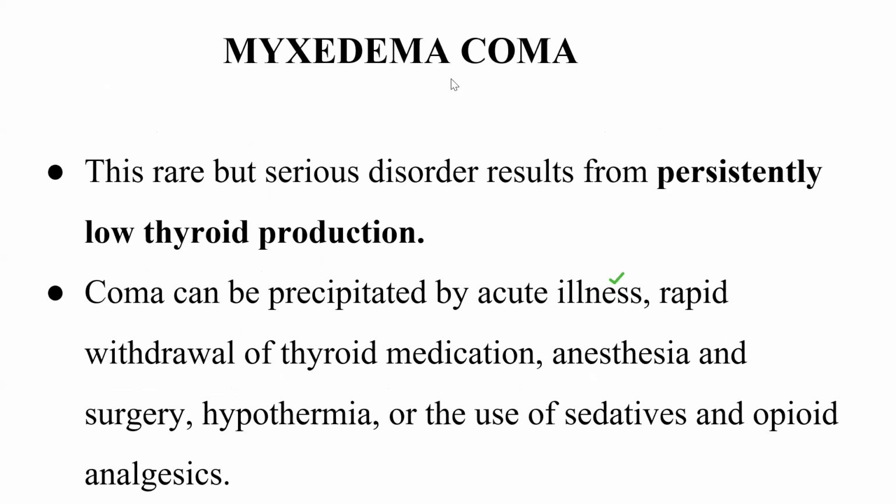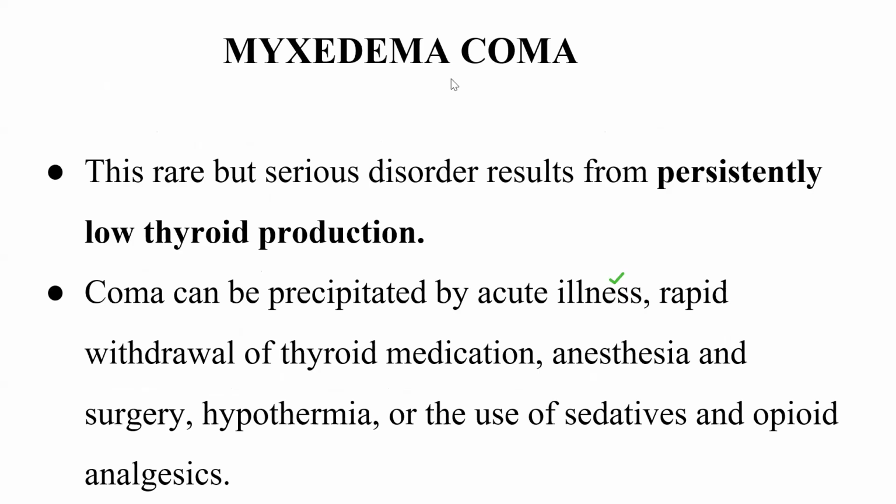So the next one is myxedema coma. This is a complication actually. Myxedema coma is a rare but serious disorder resulting from persistently low thyroid production. Please, let's now relate this myxedema to Addisonian crisis.